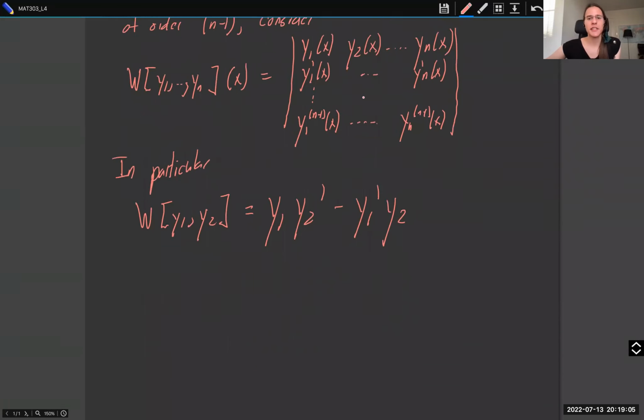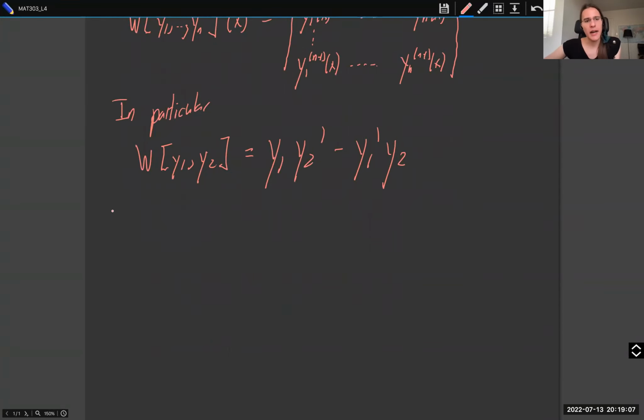Now, here's the deal. This is going to be really cool. Suppose we have a second order linear homogeneous ODE.